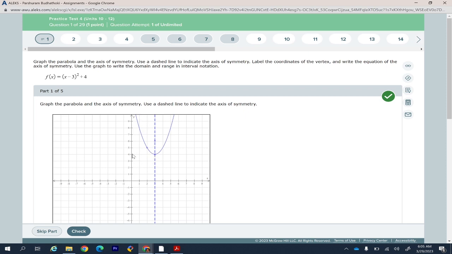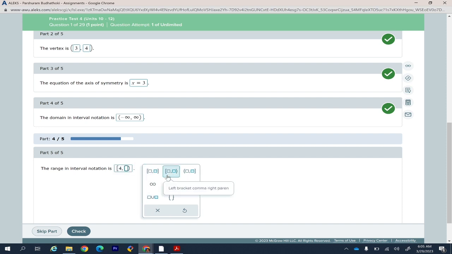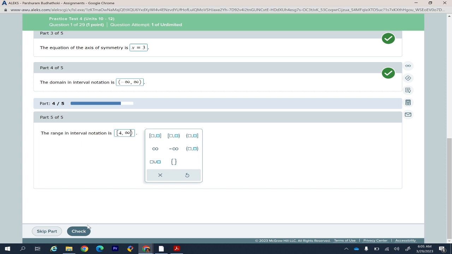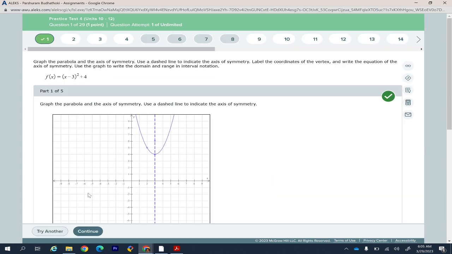So from 4, you see the y value is 4, it's going up, and there is no boundary for the up value. So it's from 4 to infinity. So a closed bracket for the 4 because 4 is included, and an open bracket for the infinity. So that's question number 1.